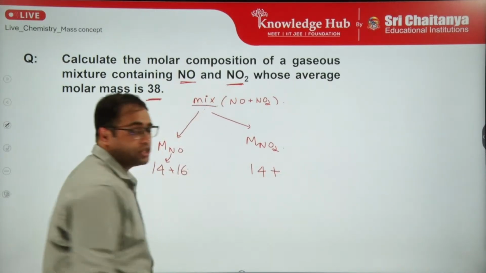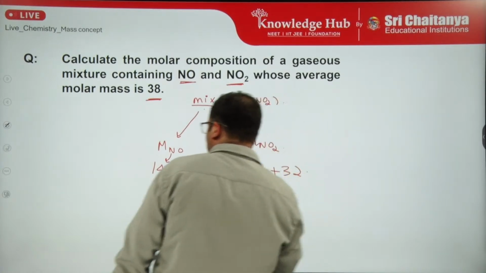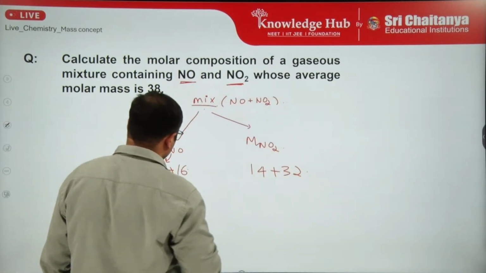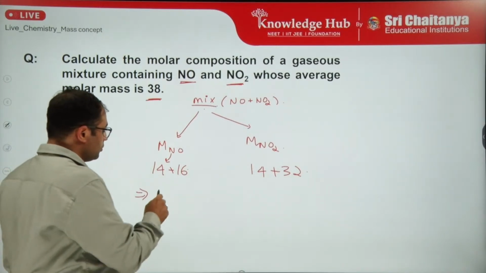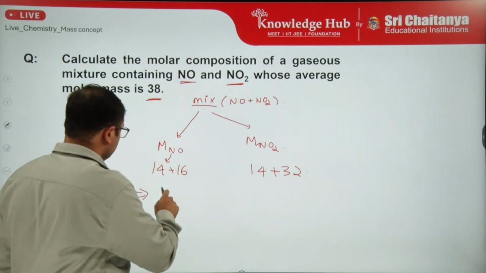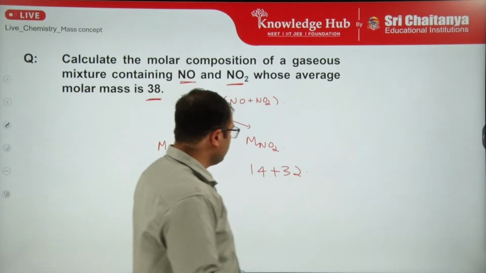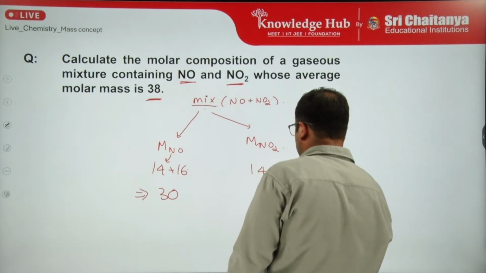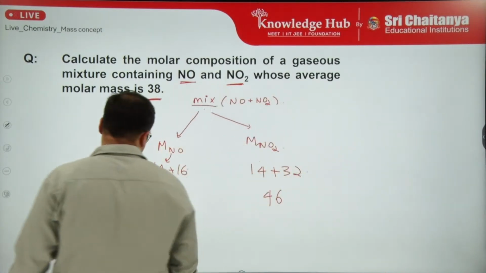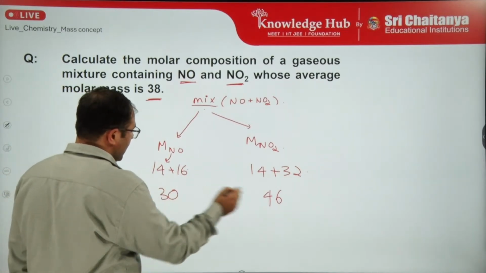Now you have two oxygens, so twice of 16 becomes 32. If you add this up, how much will you get? You'll get around 30 for NO. This one, if you add, you'll get around 46. So these are your M1 and M2.